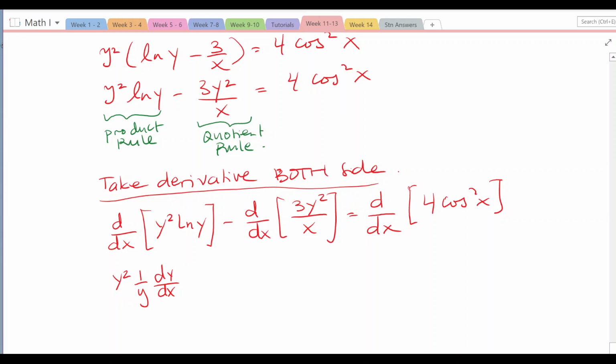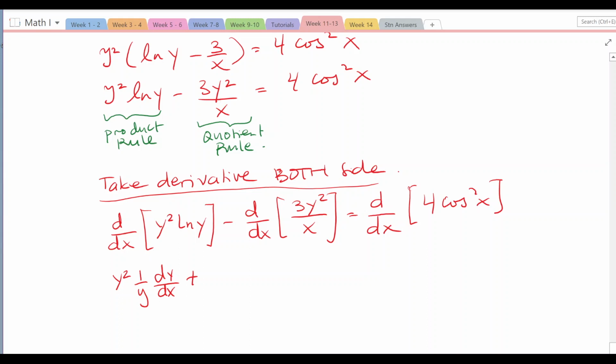Now we plus, still in the product rule, the derivative of the first term, which is 2y. Don't forget to multiply by dy/dx, and then ln y.